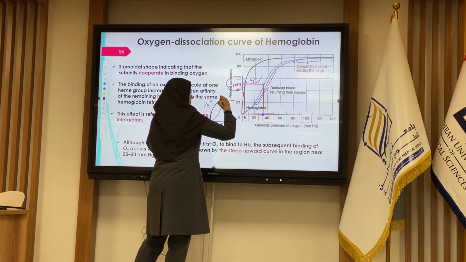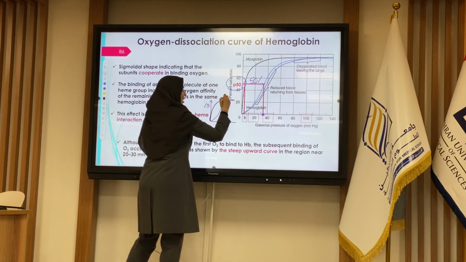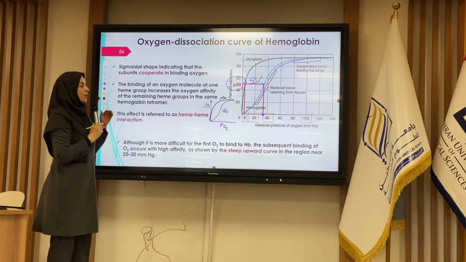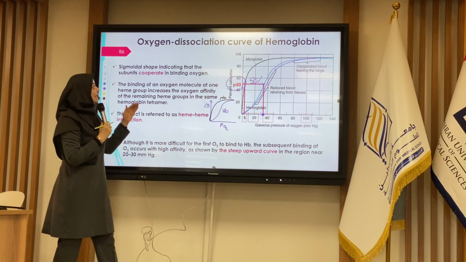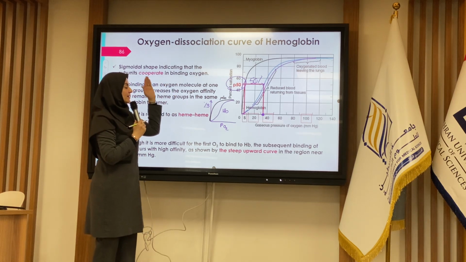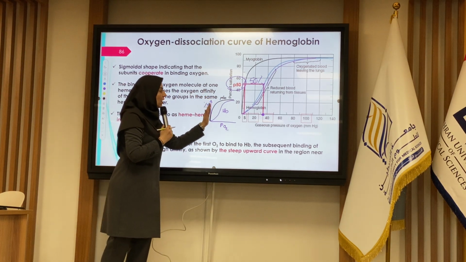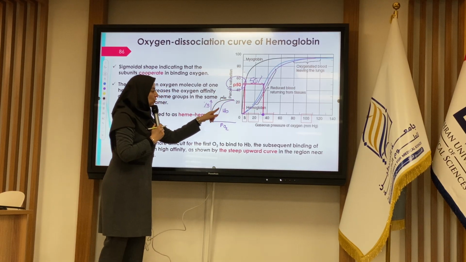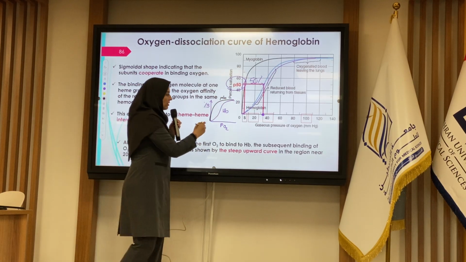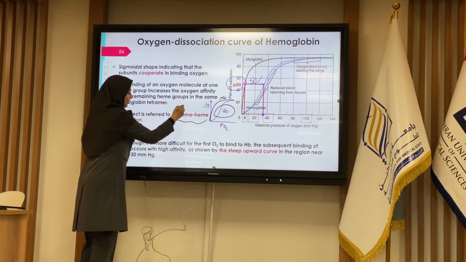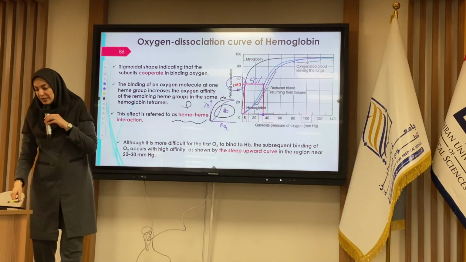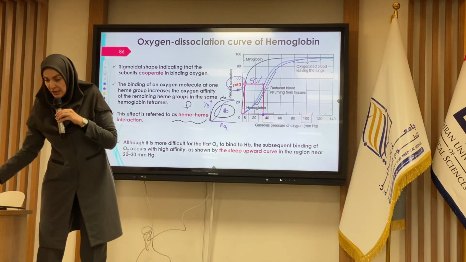What about the myoglobin? Hyperbolic. So, I want to repeat my question. The saturation curve or oxygen dissociation curve of the myoglobin is hyperbolic, for hemoglobin sigmoidal. But what does it mean, sigmoidal? I want to explain the heme-to-heme interaction.